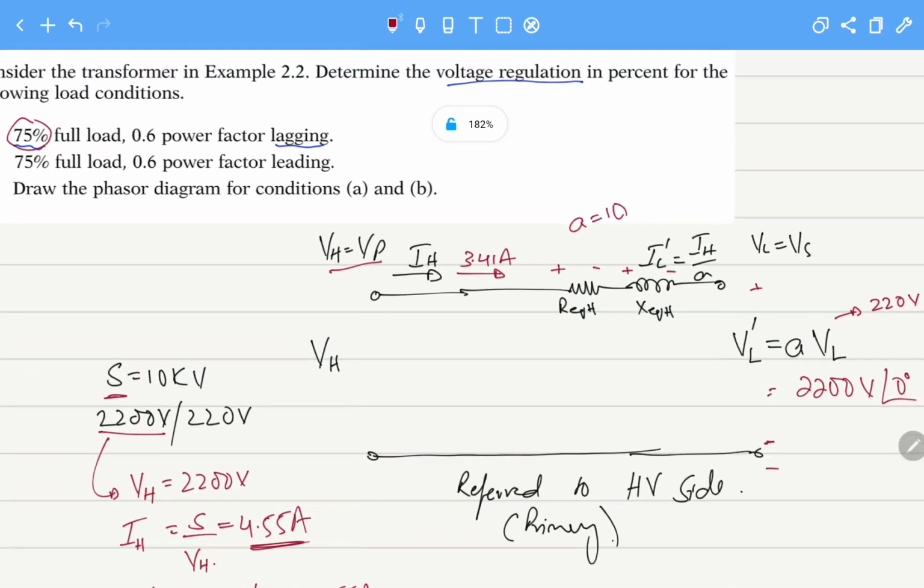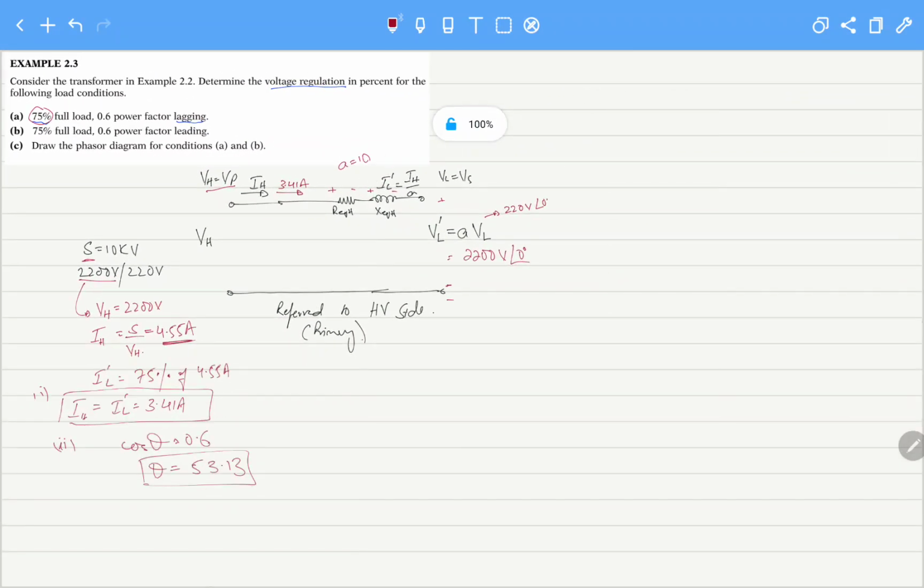One time we have a lagging power factor, and the second time a leading one. For lagging, the current output of the transformer will be 3.41 amperes at angle minus 53.13, and for leading this will be 3.41 amperes at angle plus 53.13.